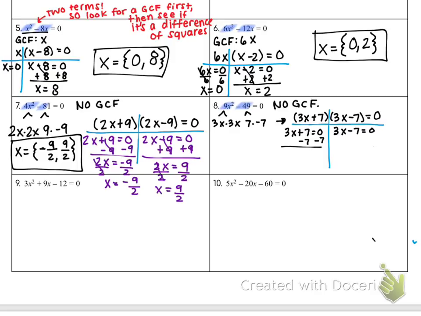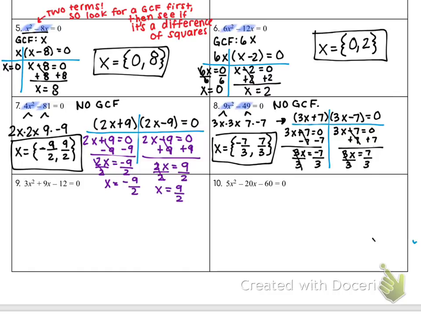So the first thing we do over here is subtract 7. So we have 3x equals -7, and then we're going to divide by 3. Since I don't really have room down here, I'm just going to write it over here. So one of my x's is -7 over 3. And then if I add 7 to both sides and divide by 3, the other answer was positive 7 over 3.